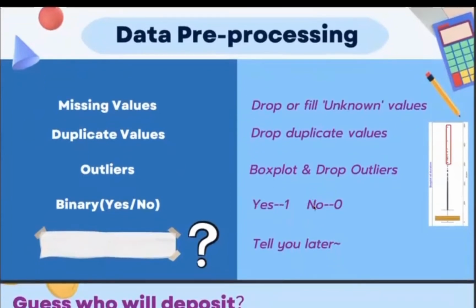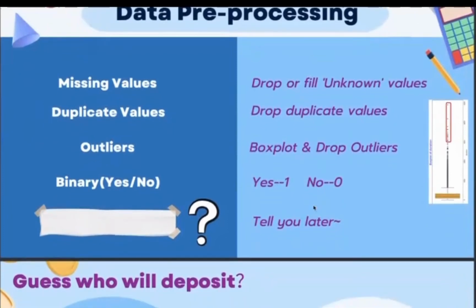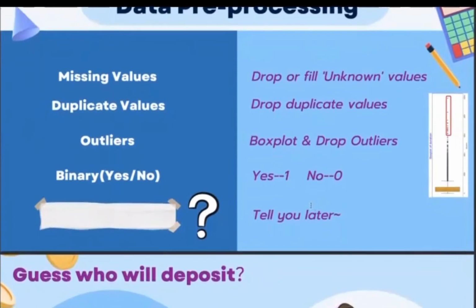The third one is outliers. We draw some box plots and drop the outliers. The fourth one is binary data. In the columns that contain binary data, yes or no, we transform the data into 0 and 1. The last one and the most interesting one, I will tell later.